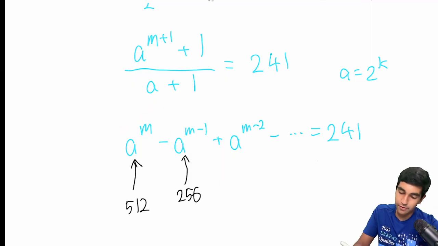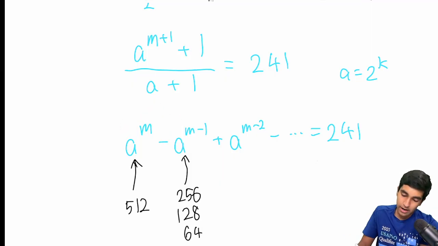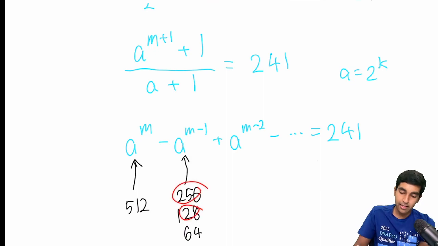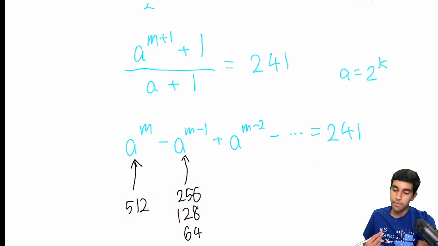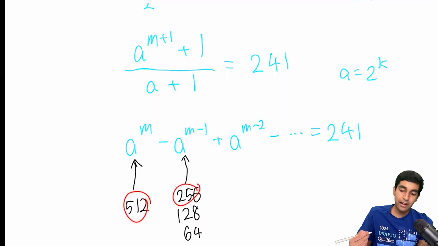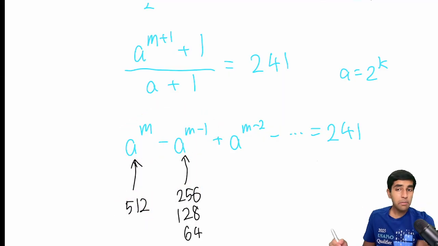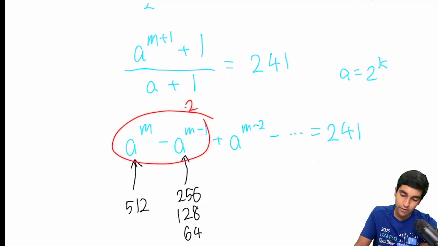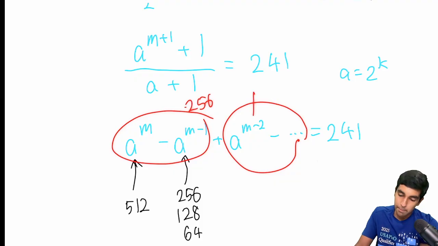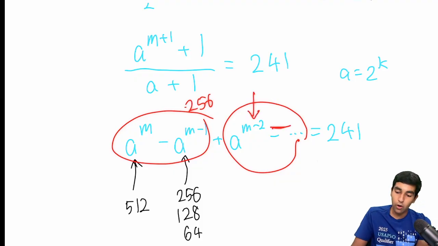So this could be 256, 128, something else, right? The point is we're subtracting by something that's at most half of 512, right? And let's say we're subtracting the minimum possible value. If this first term is 512, the minimum possible value for this expression is 256. And then as we saw earlier, this is going to be a net positive because this positive term dominates over the rest of them, right?